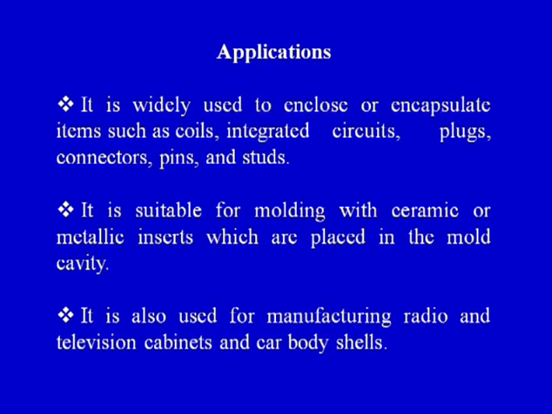Transfer molding process can also be used for manufacturing radio and television cabinets and car body shells. So there can be other applications of transfer molding process also, and to name a few, it can be used for making cabinets and car body shells also.